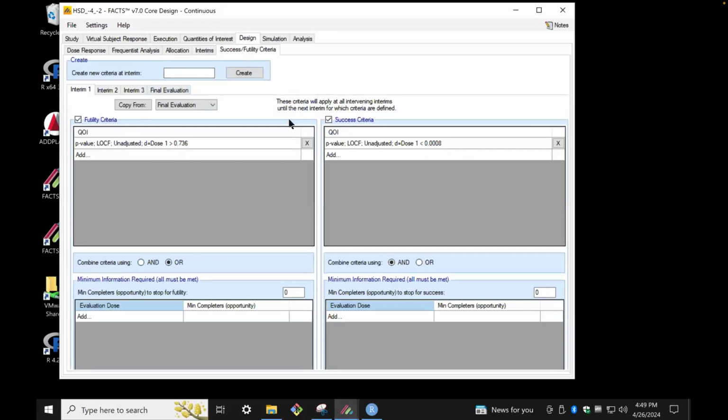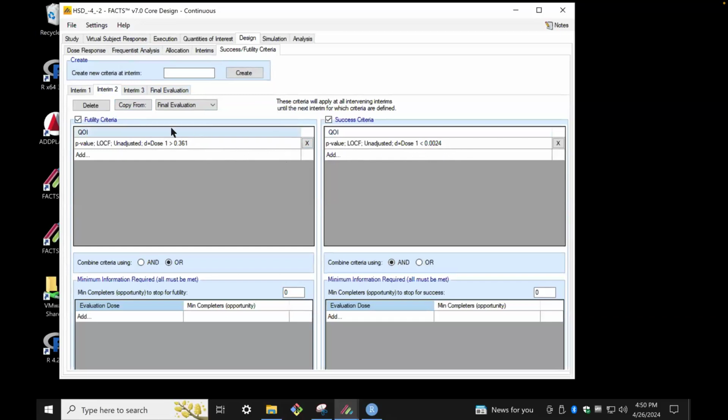And then on the success futility criteria, I've plugged in the p-value boundaries that I've read off of our plan. So at interim 1, we stop for success if the p-value is less than 0.008, and we stop for futility if it's greater than 0.0736.